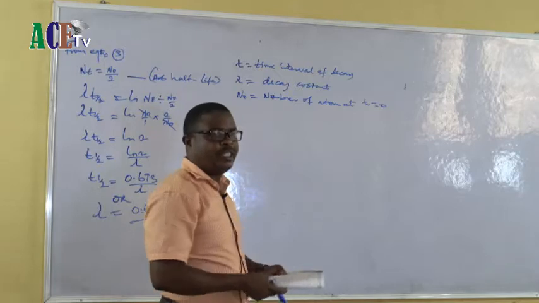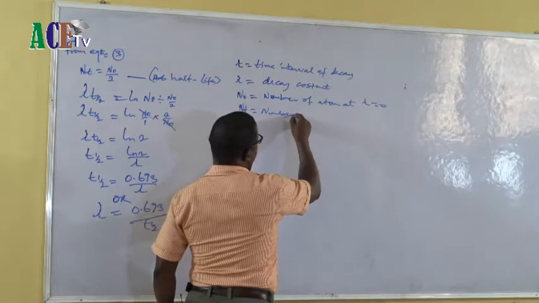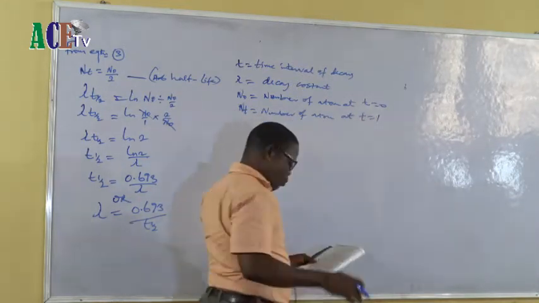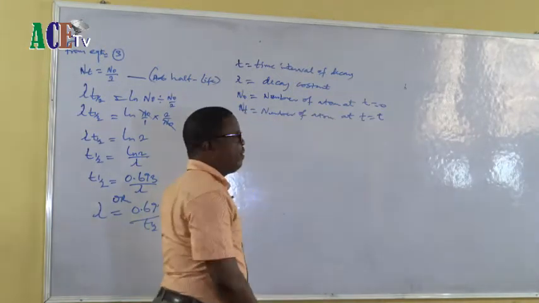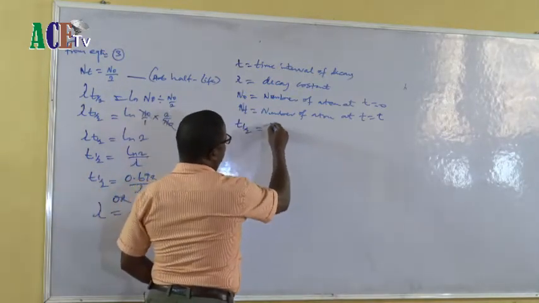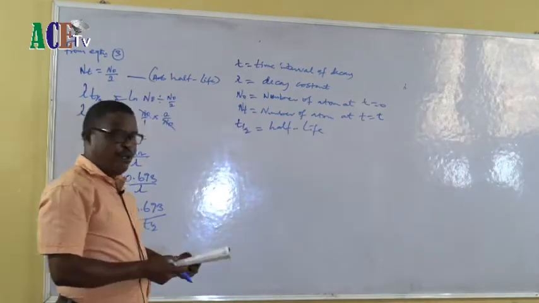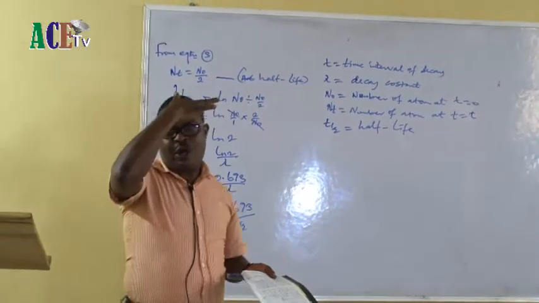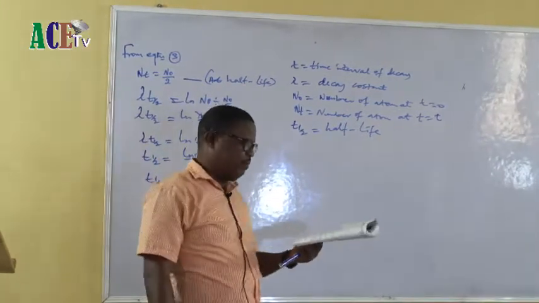Nt is equal to the number of atoms when time is equal to T. Then T half is equal to the half-life of the first order reaction. So with this, we'll go into some little calculations.